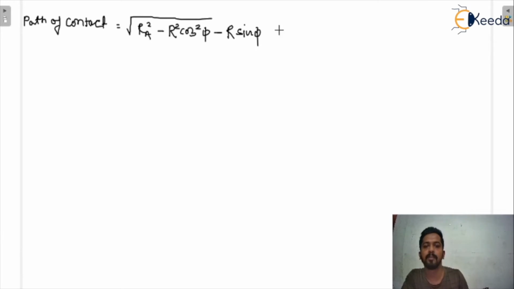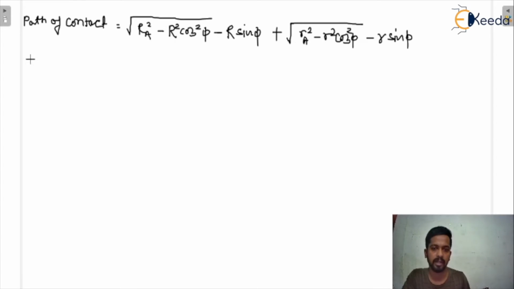That is the path of approach, plus path of recess is what? That is under root of ra square minus r square cos square phi, minus r sin phi. Now that is the path of contact.